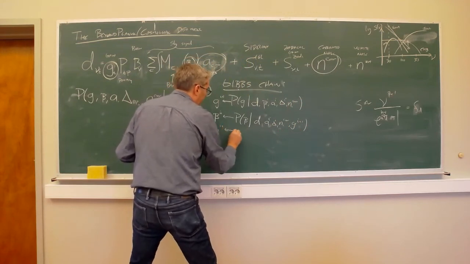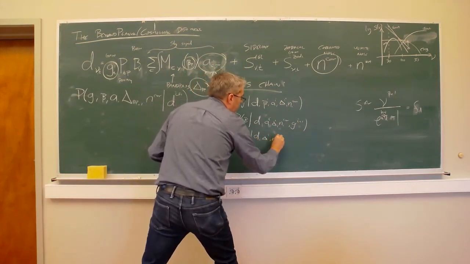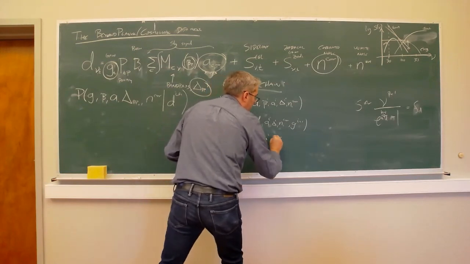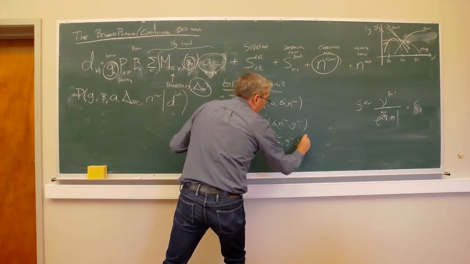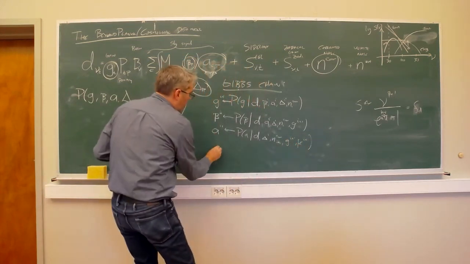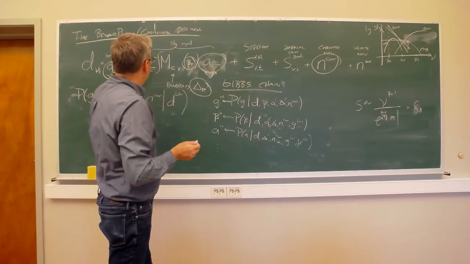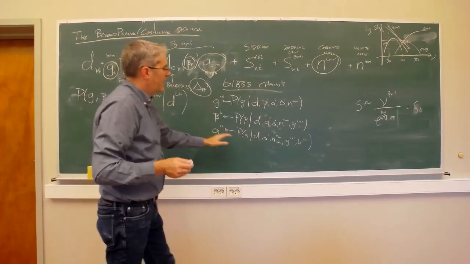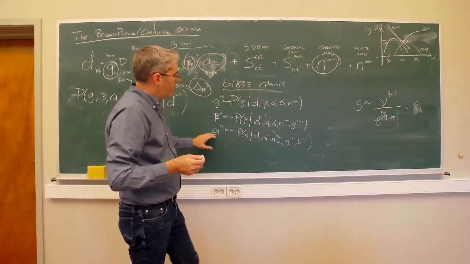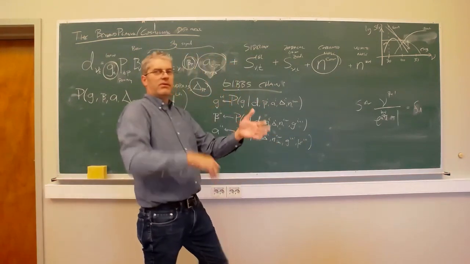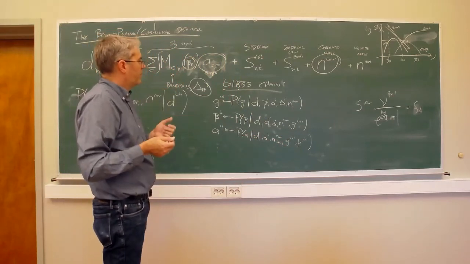A i plus 1 is drawn from P of A given D, delta i, N corr i plus 1, G i plus 1, and then beta i plus 1, and so on. If you want additional parameters in your data model, you add another term like this, keeping all the other parameters fixed and only caring about the other one. But once you've done that, you have to remember to feed the new sample into the estimates of the other ones. So that's how the generalization of this framework works.